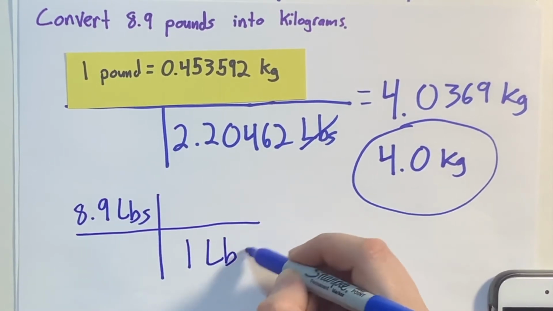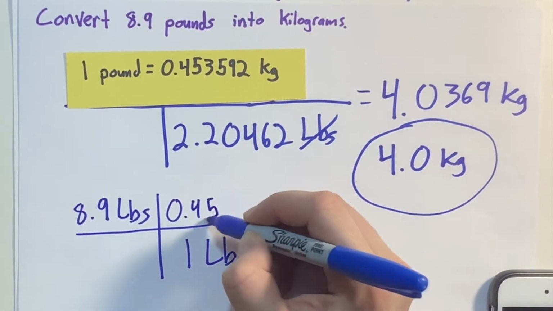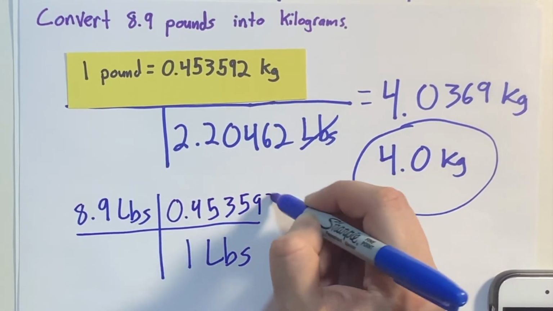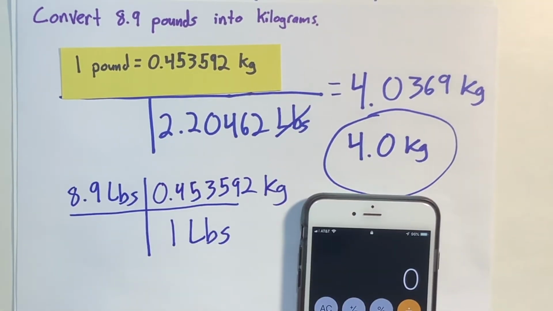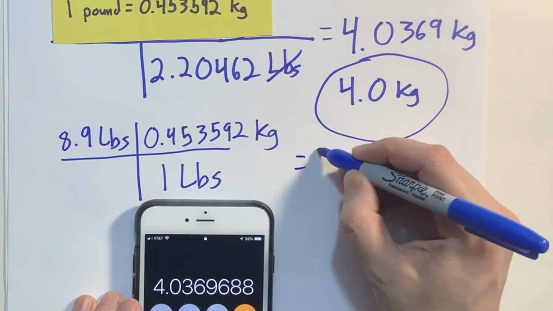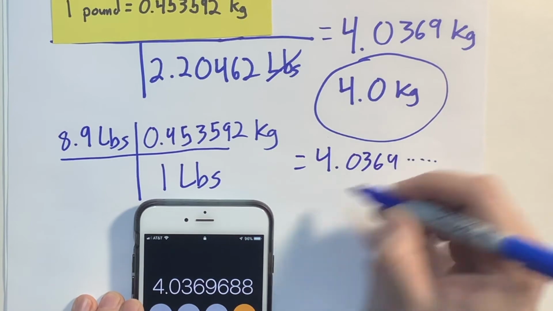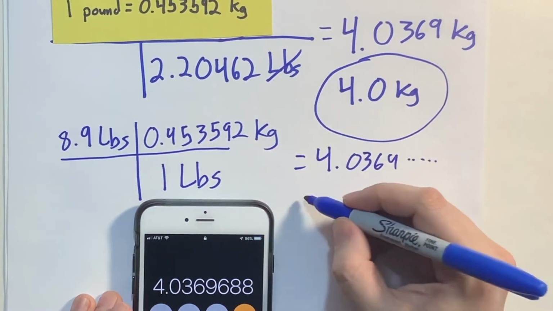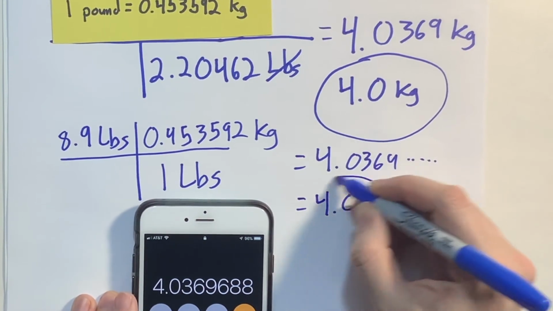So 1 pound is equal to 0.453592 kilograms. So this time we multiply 8.9 multiplied by 0.453592, which gives us 4.0369 and so on. For significant digits again, 4.0 kilograms.